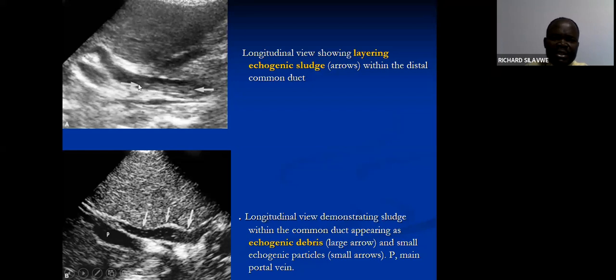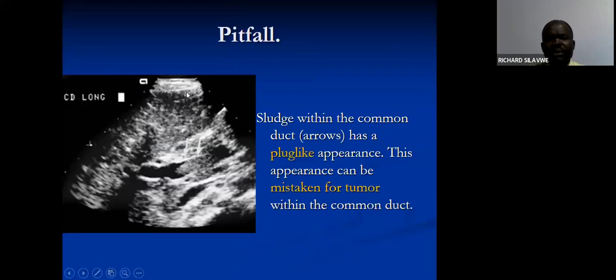That is sludge in the common bile duct. We can see here. So this is a longitudinal view. We can see the layering. We can see bile there. Then here there is sludge there. So this is also sludge within the common bile duct. The arrows here. So that is sludge there.